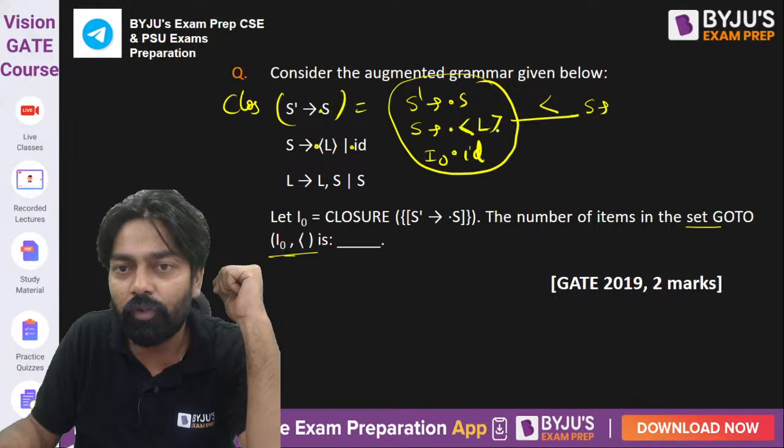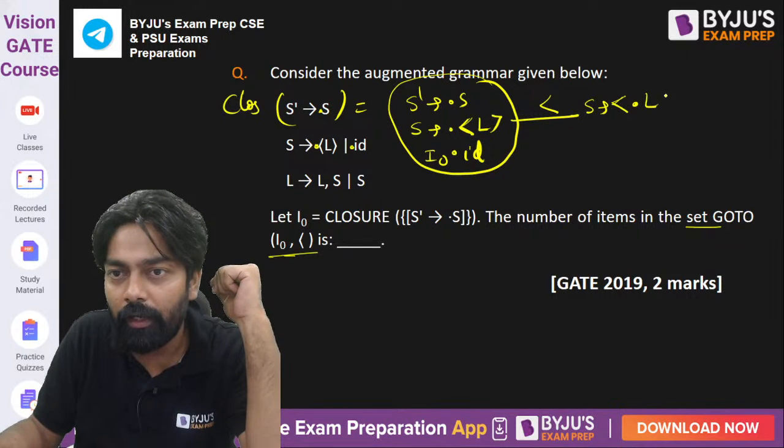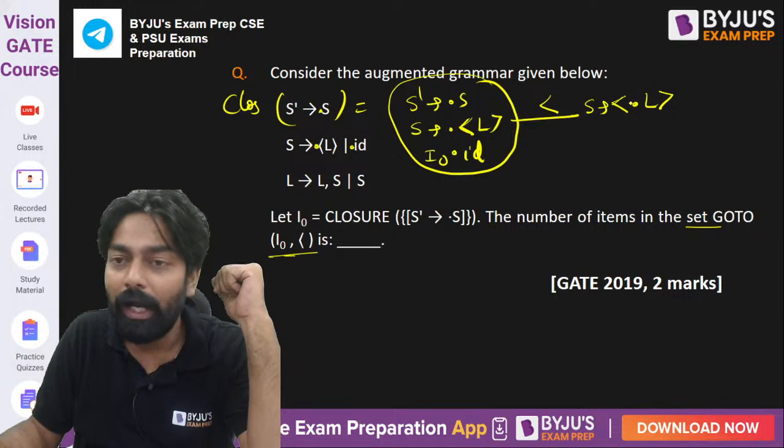So in I0, the dot will be shifted when you find goto. So S dash goes to dot S, the dot will be shifted, and we get the item with dot L in brackets. Now after the dot, what is there?